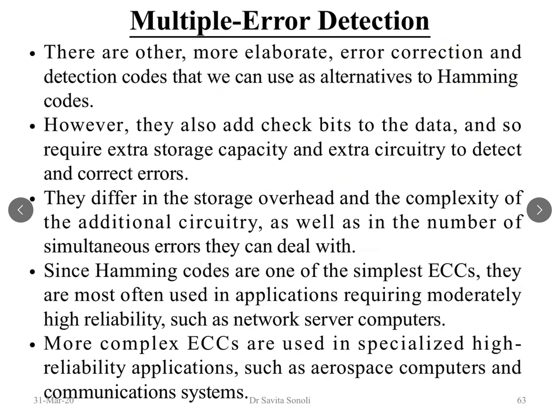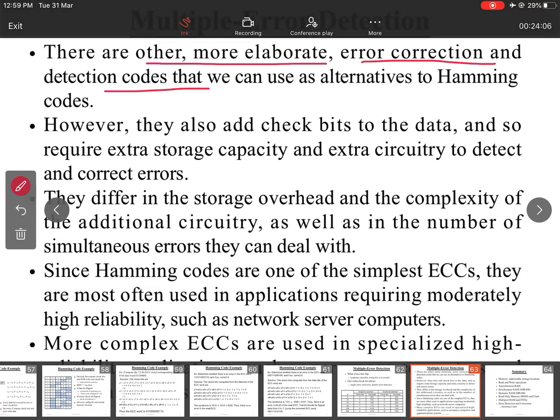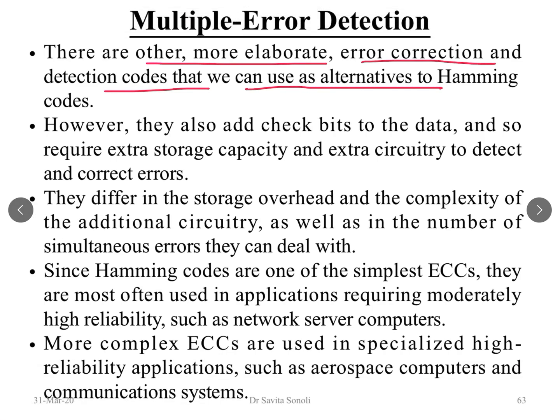Apart from Hamming code, there are other more elaborate error correction and detection codes that we can use as alternatives to Hamming codes. However, they also add check bits. Just as we saw in the example of 8 bits, for 8 bits we have to have 4 check bits.